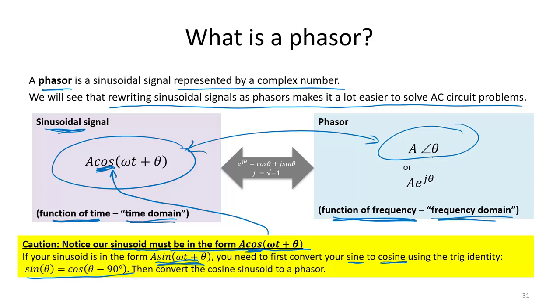Basically, you just have to reduce your phase angle theta by 90 degrees. Once you've converted sine to cosine, then you can convert your sinusoidal signal to a phasor. But be careful there. Sometimes this comes up on homework and exams. I might give you a sine function, and make sure you remember to convert that sine to cosine before writing it as a phasor.